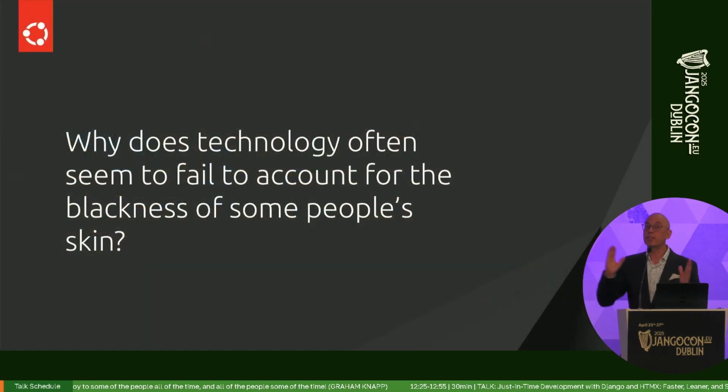Maybe you think, this is funny. Here I am with my colleagues at a restaurant, 6 people in this photograph, and one of them is invisible. She's invisible because the expensive mobile phone with Hasselblad lenses and packed with facial recognition software literally fails to recognize black people's faces. Why does technology so often fail to account for the blackness of some people's skin?